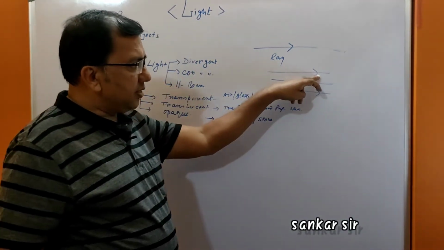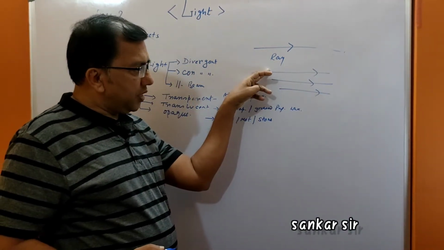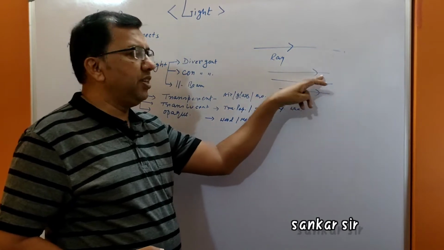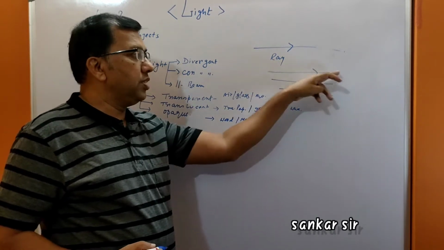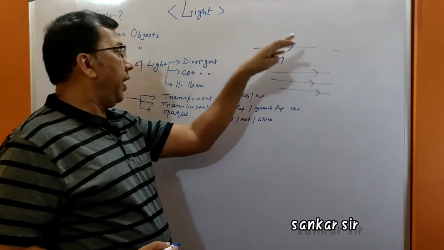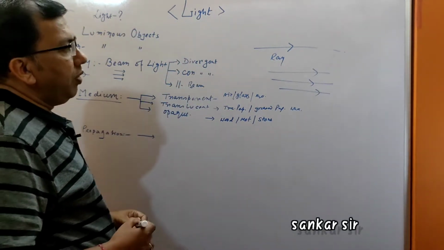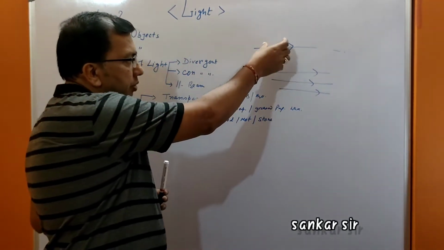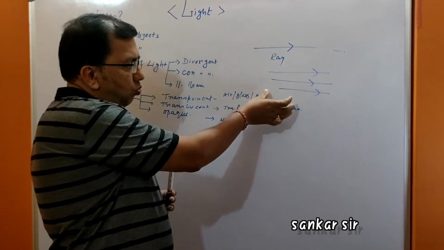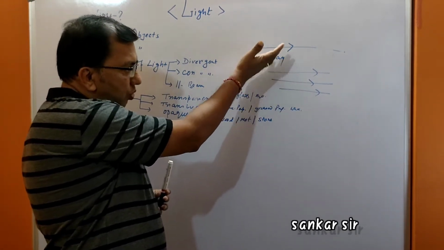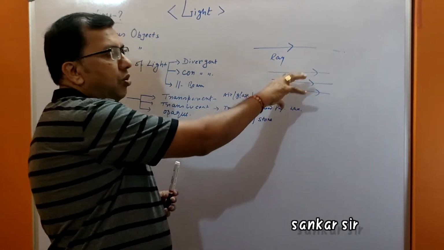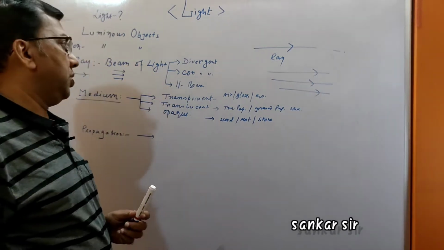An arrow indicates the direction: the light is coming from this end towards this direction. More rays together are collectively called a beam of light.